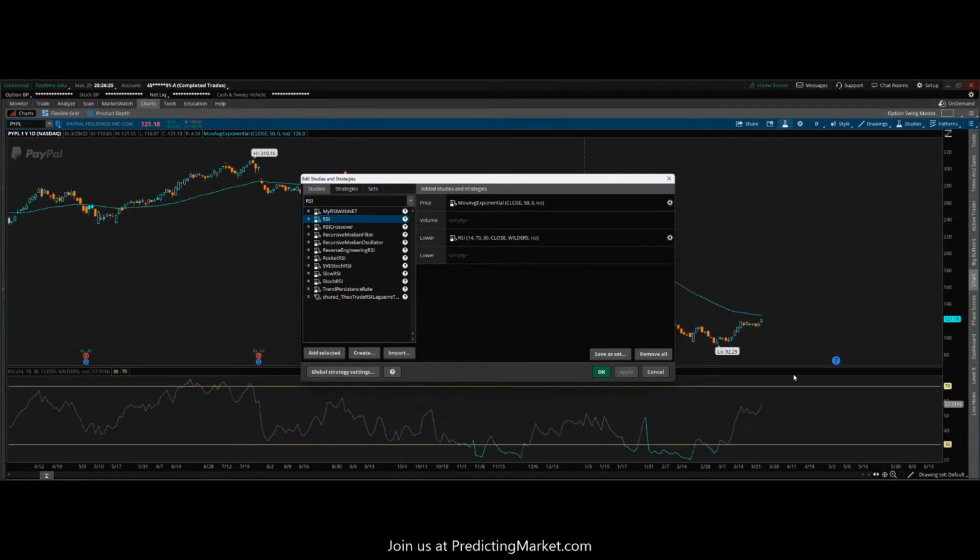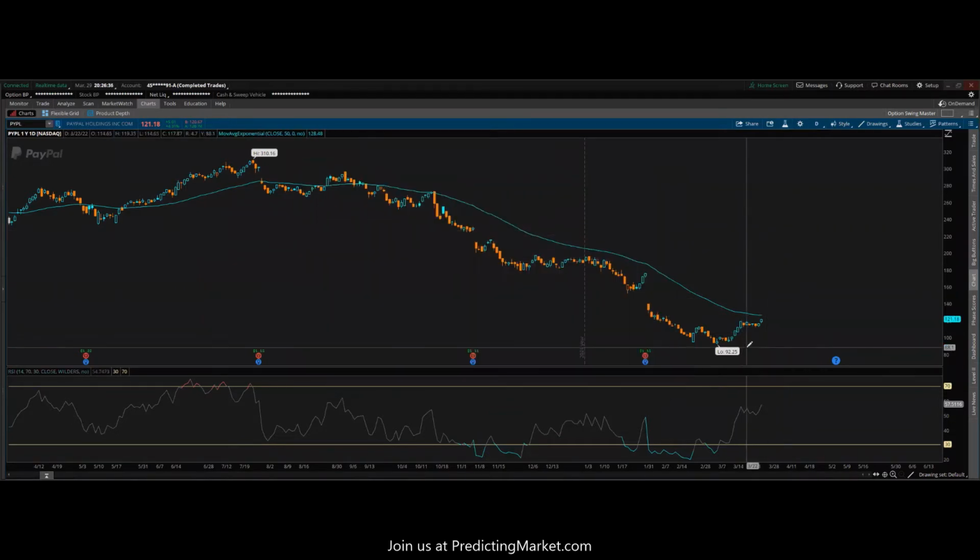Does anyone here understand what an RSI is? Okay, RSI is the relative strength index, right? What it basically says is how the stock is trending with respect to buy and sell.